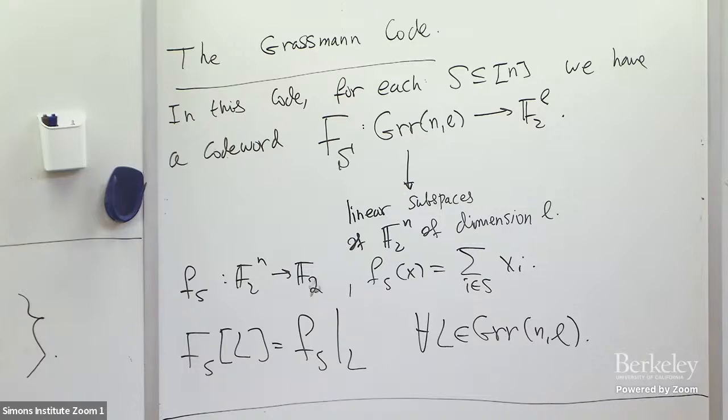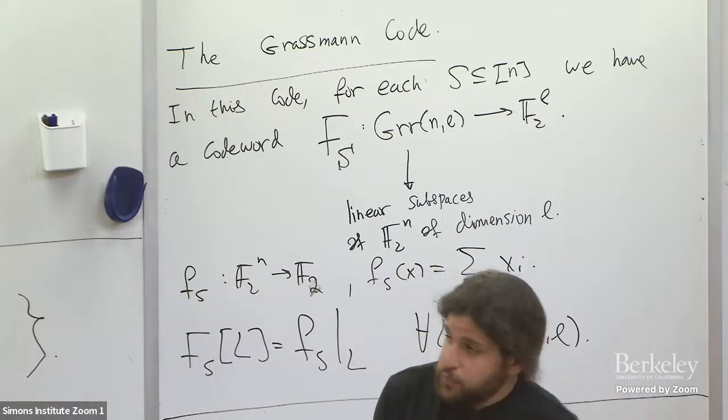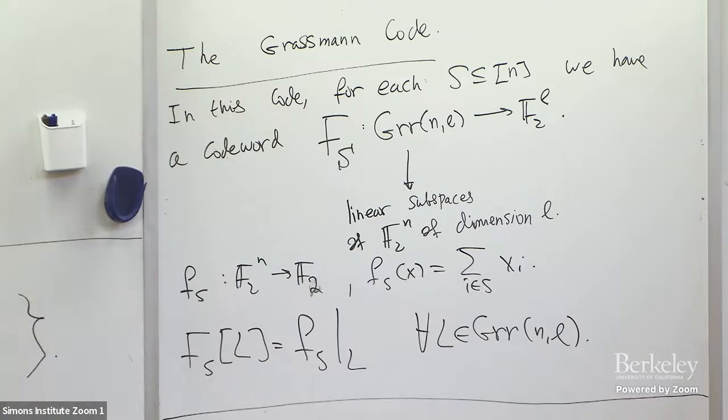Cool. So this is the Grassmann code, and this is going to be the main hero if you want to prove hardness for 2-to-1 games. So this is the code, but now we need to tell you what the tester is. So, tester.